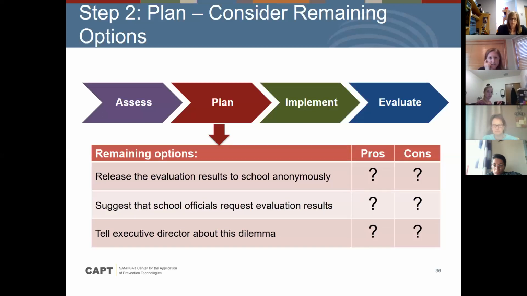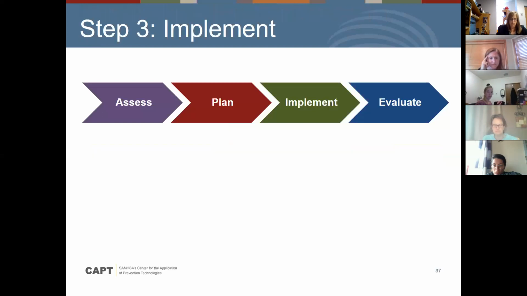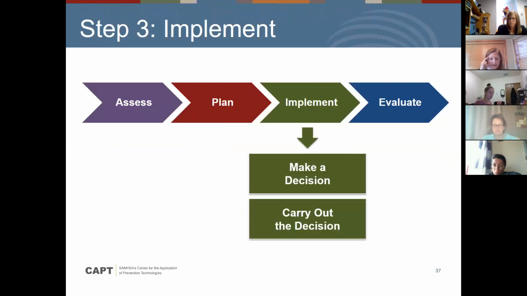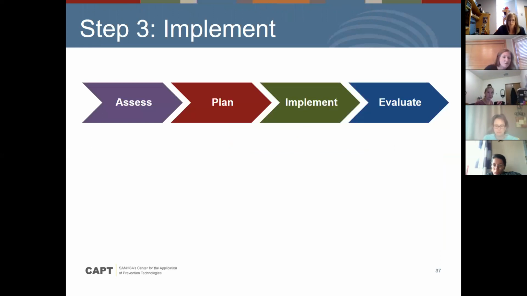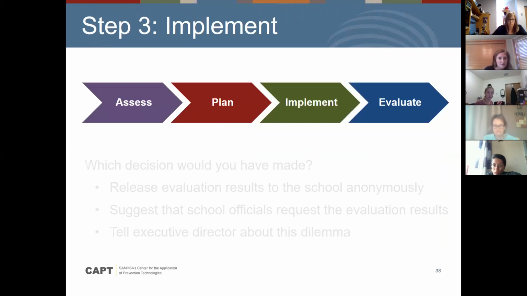So we've got 3 different options for a plan, and we've talked about the pros and cons. Now we are going to look at implementing. So Ty now needs to make a decision and carry out that decision. Which decision would you make? Would you release evaluation results to the school anonymously?